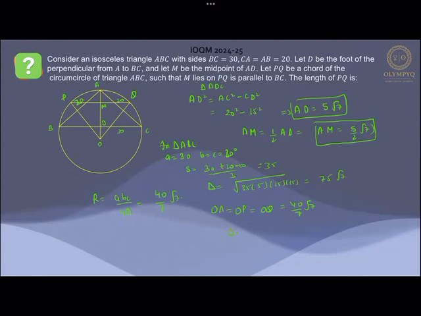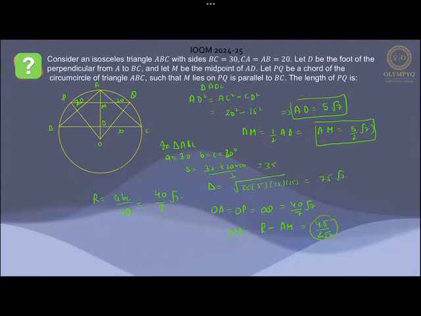Now this OM length I can clearly find. So that is going to be equal to the radius minus this length AM. The radius is 40 by 7 root 7, and the other thing, AM, came out to be equal to 5 by 2 root 7. So the total will come out to be equal to 45 by 2 root 7.